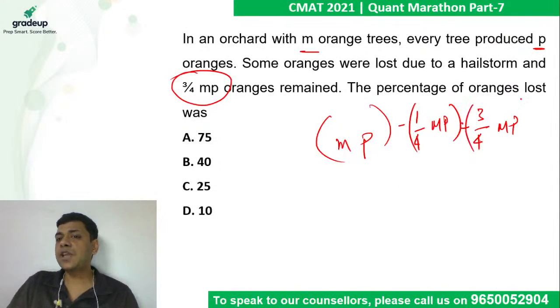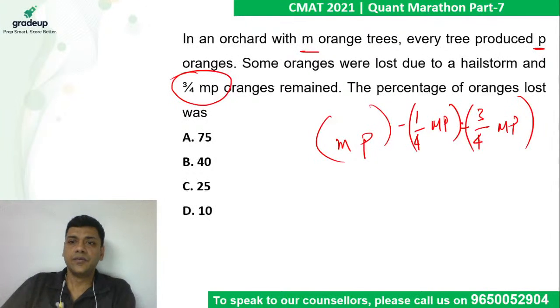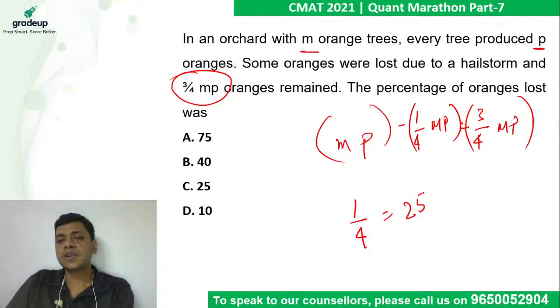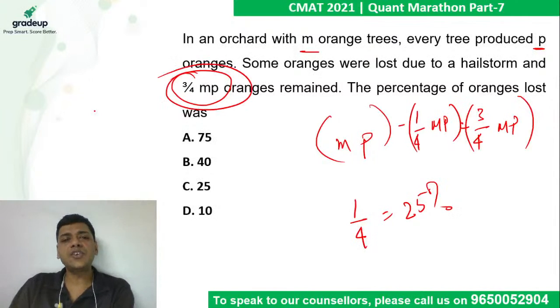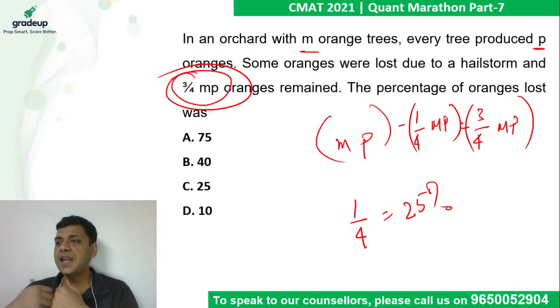MP minus 1/4 MP is 3/4 MP, isn't it? Which means how much is lost? 1/4. What is 1/4? 1/4 is nothing but 25%. In fact, looking at 3/4, I should have realized, 3/4 is 75%. If I am left with 75% of the total oranges, how much is lost? 25% is lost.